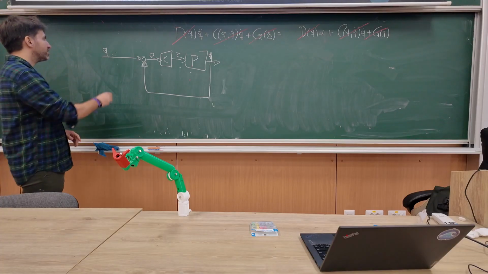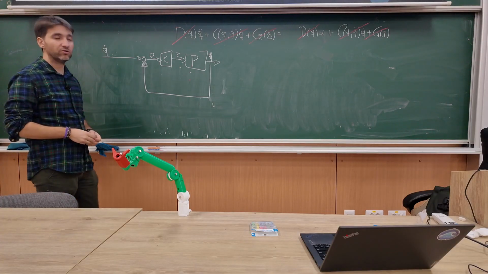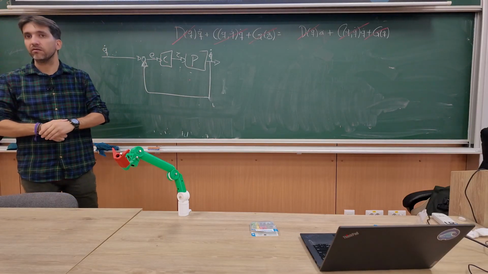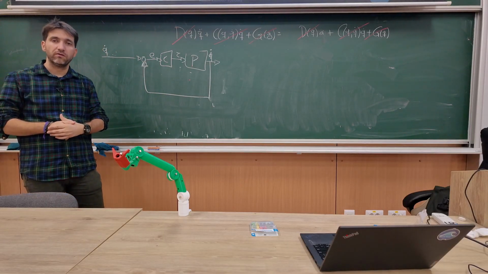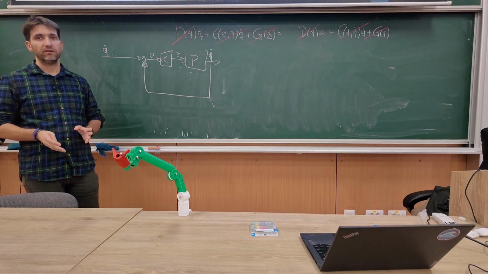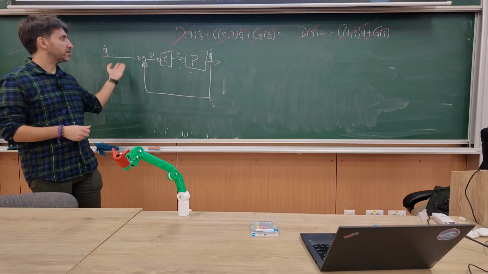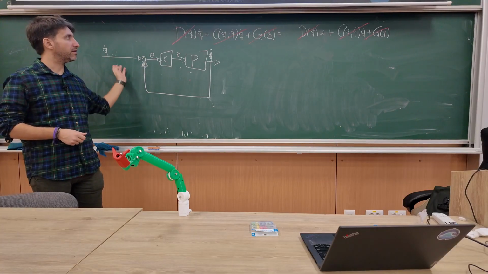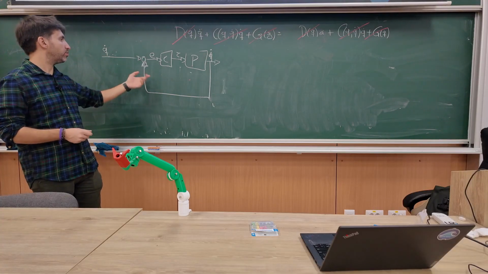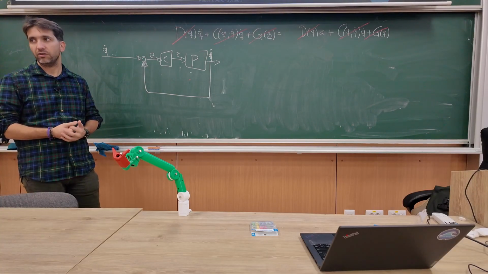It's simpler than that. I can just say, okay, my set point is velocity and my response is velocity, because I can read joint velocities. Or if I cannot read, I can read joint positions and differentiate that. And then I can design the controller to get a set point and a reference in joint velocities.